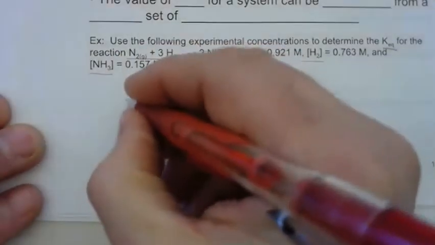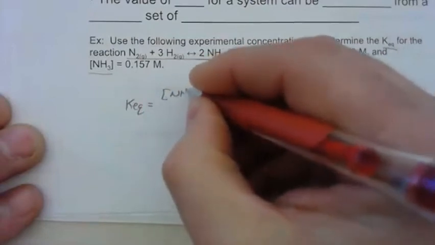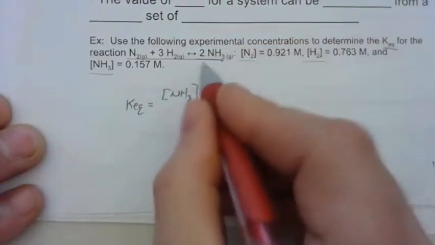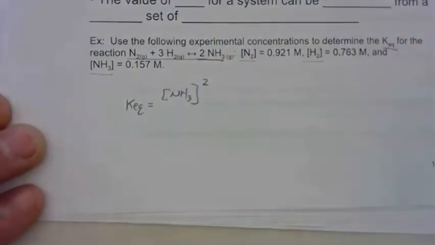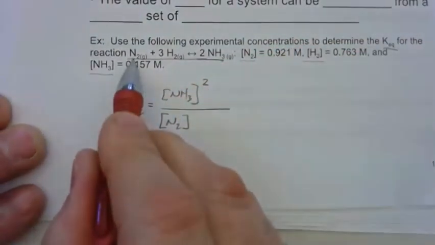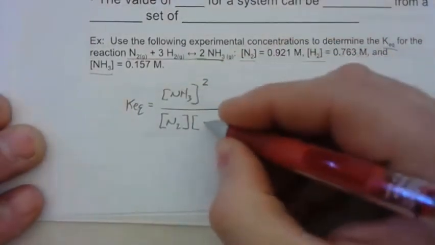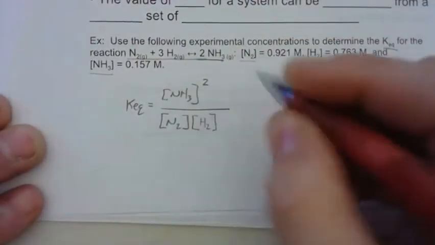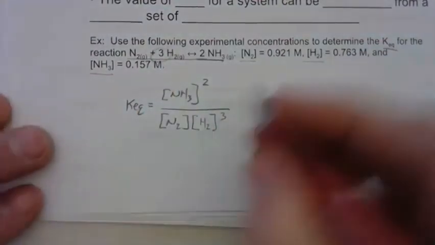And so we have KEQ is equal to the concentration of NH3, which is a product, raised to the power of its coefficient, in this case 2, divided by the concentration of N2. There's no coefficient, so there's no exponent, divided by the concentration of H2 cubed because of the coefficient 3.